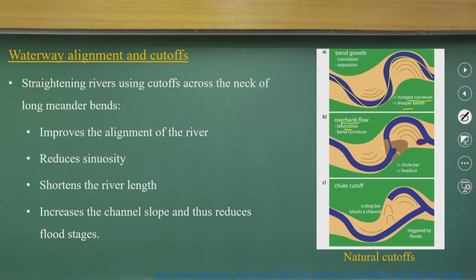The bifurcation of the bend is created, forming a head cut and chute bar. It starts depositing here, making a chute bar and the head cut, and after that it blocks the path. So, a chute cutoff triggered by the flood happens. This is how natural cutoffs happen.